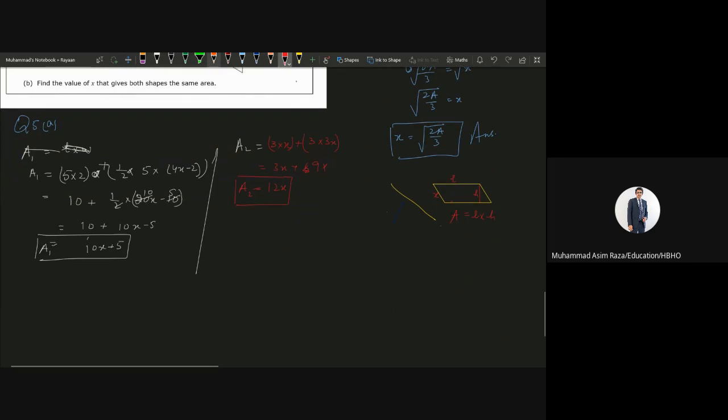It says if both of the shapes have the same area, what is the value of x? It is very simple. If both shapes have the same area, we put them equal to each other, like 10x plus 5 is equal to 12x. Just take x to the other side, we can have 5 is equal to 12x minus 10x. So 5 is equal to 2x.